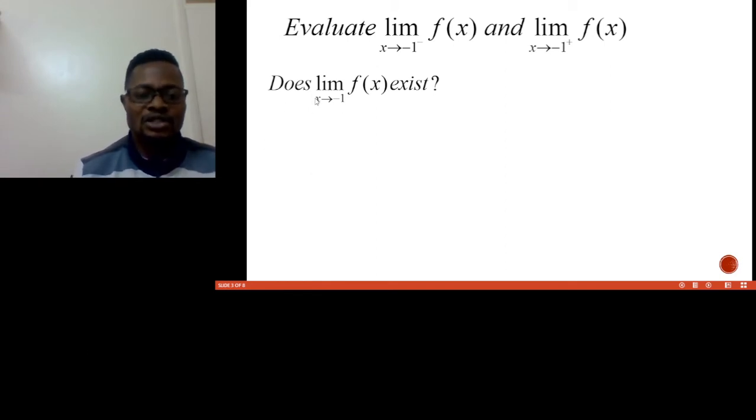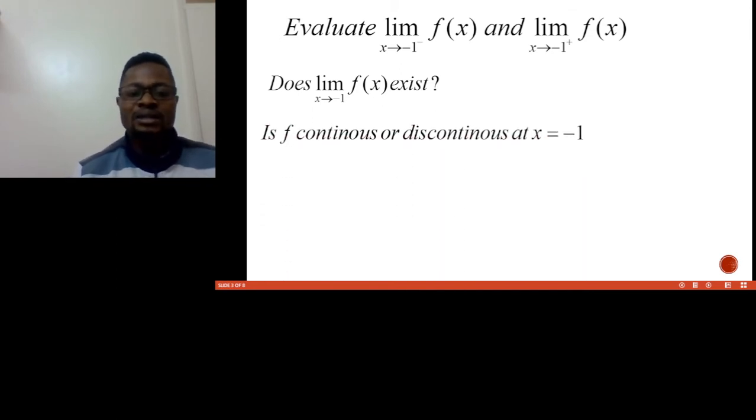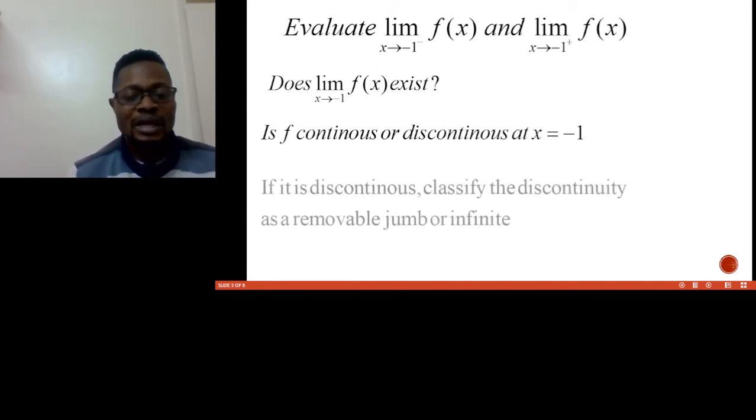Another thing, you are asked to show if the limit as x approaches negative 1 of this function f of x exists or not. Then, is f continuous or discontinuous at x equal to negative 1?